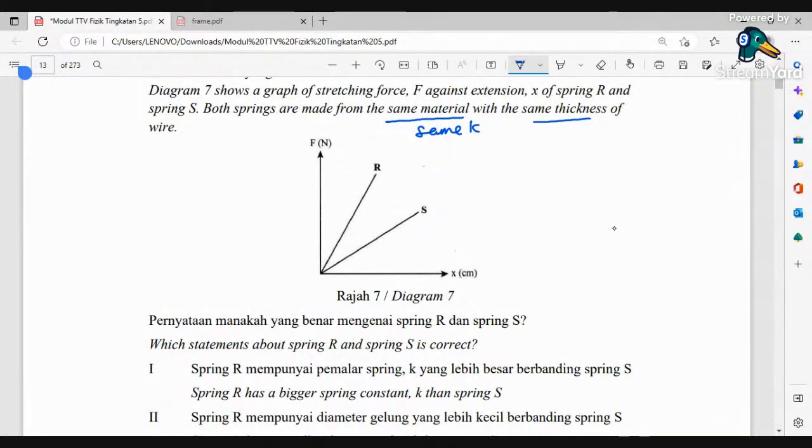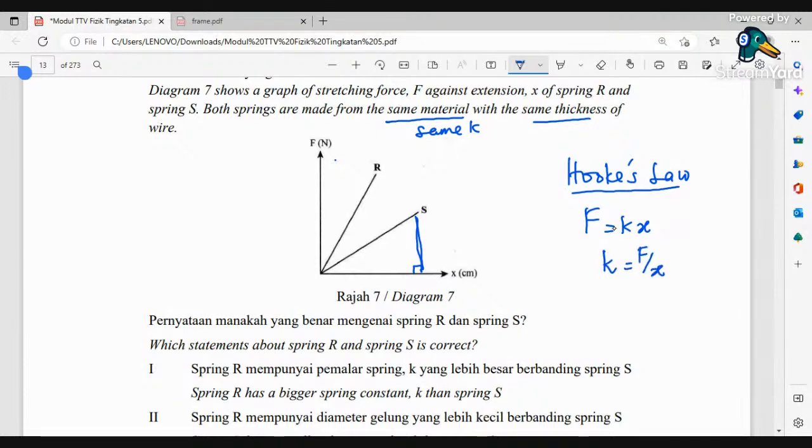Okay, look at this one. Gradient of the graph. If I calculate the gradient of the graph, it is F divided by x. Hooke's law, remember, is that extension is directly proportional to the force applied, provided that the elastic limit is not exceeded. So you get this formula, F equals kx, where k equals F divided by x.